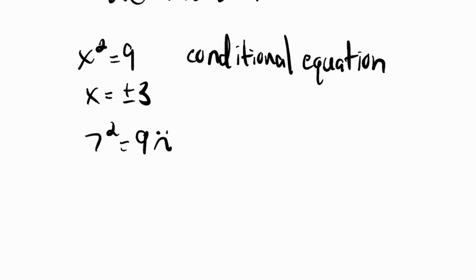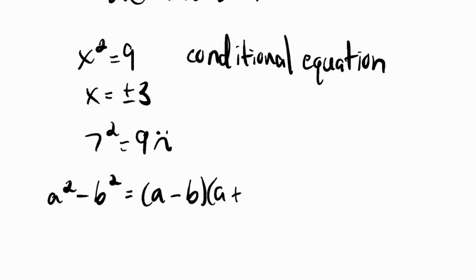Now, what if I have something like a squared minus b squared equals a minus b times a plus b? If you try to solve this equation, you're going to run into some problems. If you pick numbers, it turns out it doesn't matter which numbers you pick.